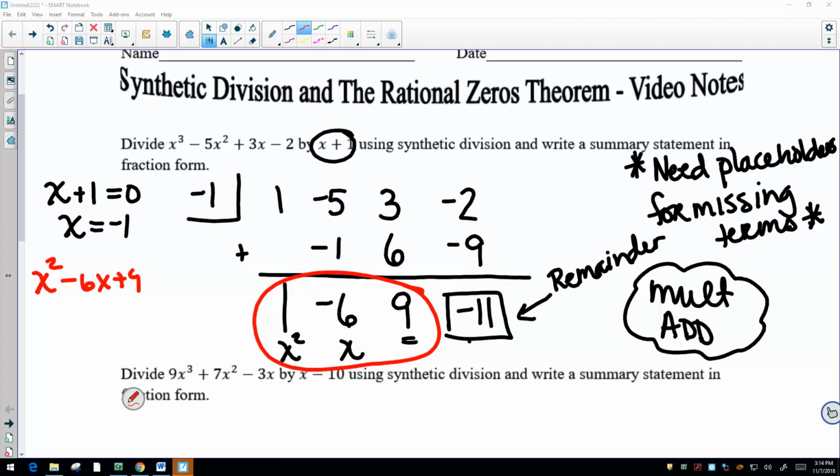And now fractional form is going to say take the remainder. We want to add on our negative 11 remainder divided by the divisor. The divisor is that factor, what we were dividing by, so x plus 1. So that is our answer doing synthetic division, writing it in fractional form. Okay, let's try another one.